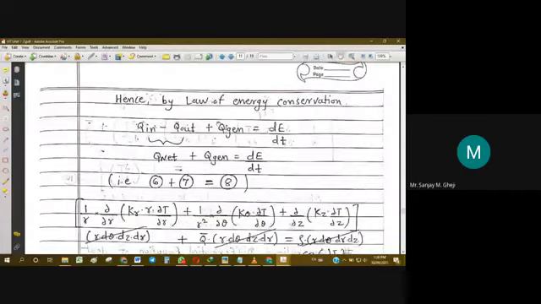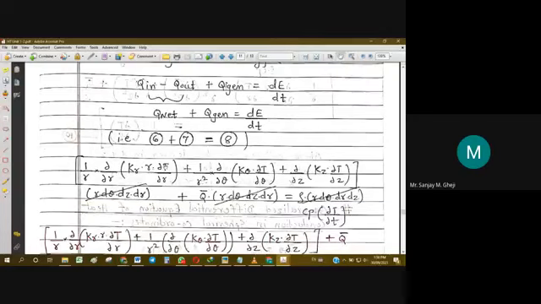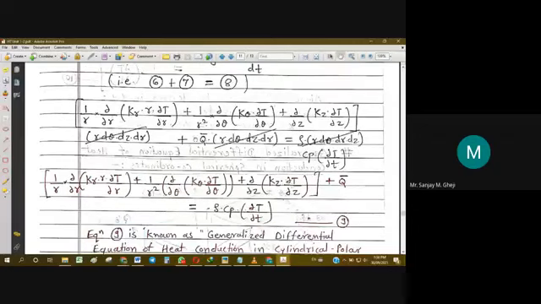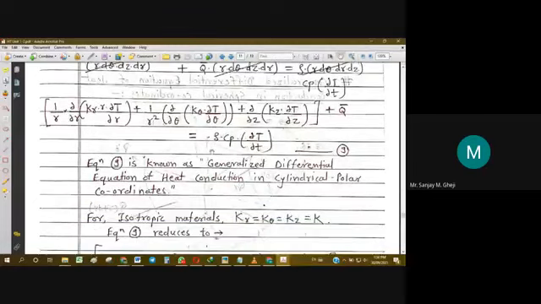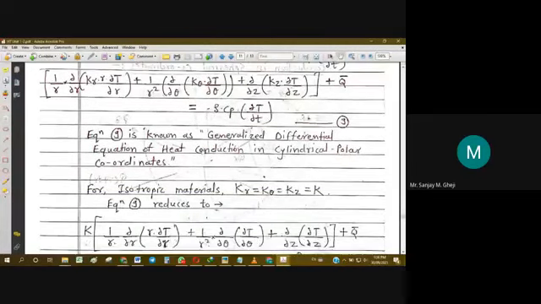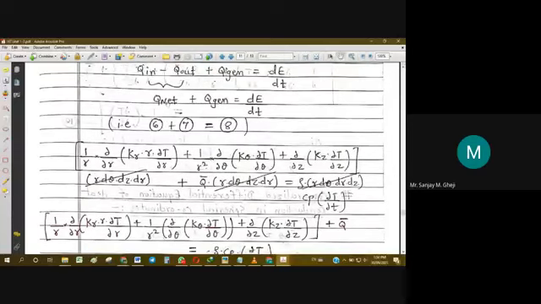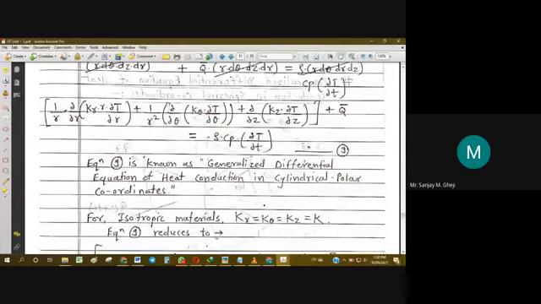The same procedure we will do for this also, as we have done for Cartesian coordinates. The same energy balance equation will be used. Only the variables will be different. They will appear in r, theta, and z. But otherwise, all the steps are very common. So I will share this PDF with you, so you can go through each and every step of this, and you can practice this by rewriting it in your assignment or homework book.